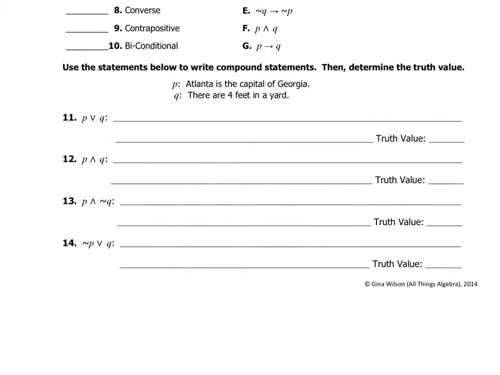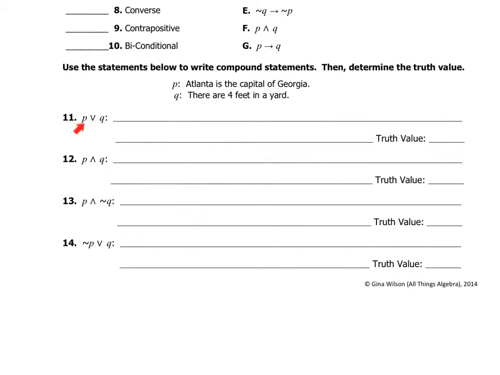Okay, on 11 through 14, again, using your notes. Here is your statements for P and Q. P, Atlanta is the capital of Georgia. Q, there are 4 feet in a yard. So we're to write the statements and then also determine the truth value, true or false, on all of these.